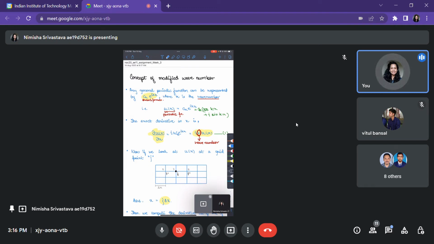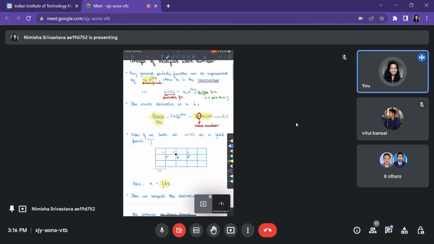And then the exact derivative, that is when you take the derivative of ux analytically, you get something like iota k ck e raised to the power i kx. Okay, so you can identify over here that the term that is ux, which we saw over here, is being repeated in the derivative of ux. So this is true for periodic functions only.